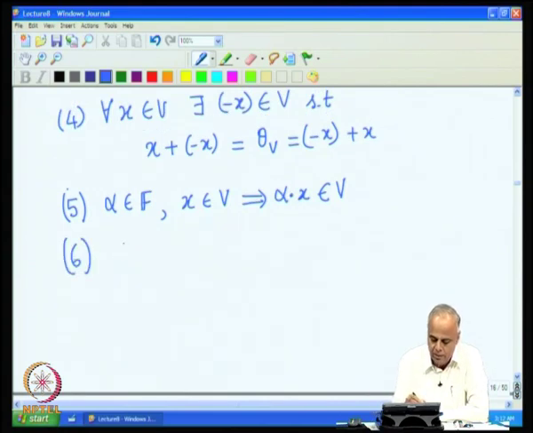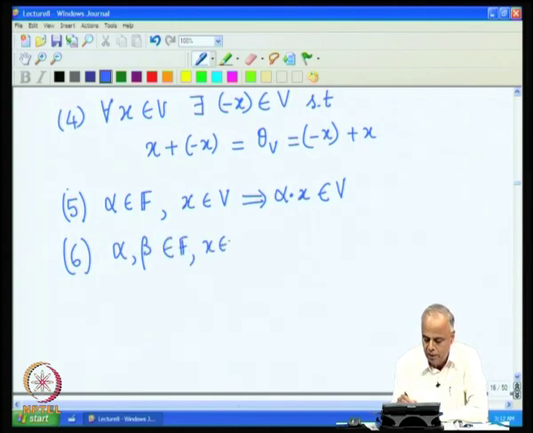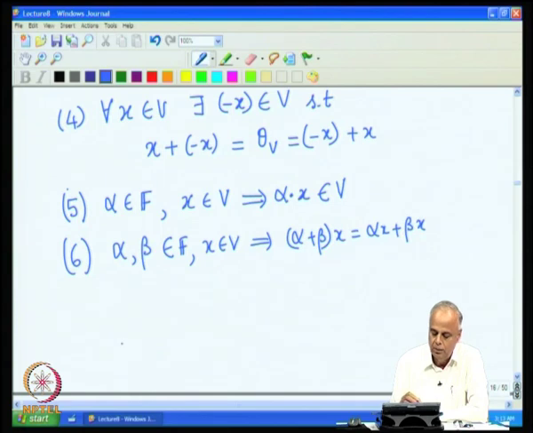Then we had these properties: alpha, beta in F, x in V implies alpha plus beta into x is the same as alpha x plus beta x. What we see here is the addition; there you see an addition symbol. This addition refers to addition of alpha and beta.